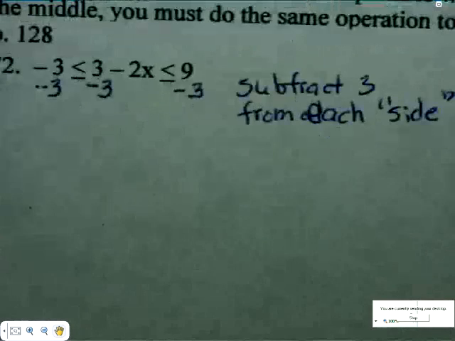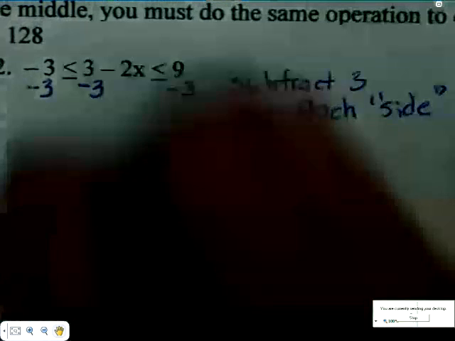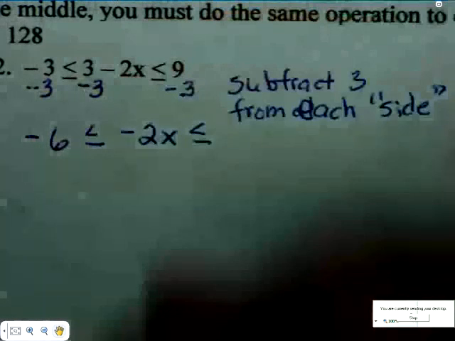On the left-hand side, -3 minus 3 is -6. In the middle, if I subtract 3, I'm just left with -2x. And on the right-hand side, 9 minus 3 is 6.